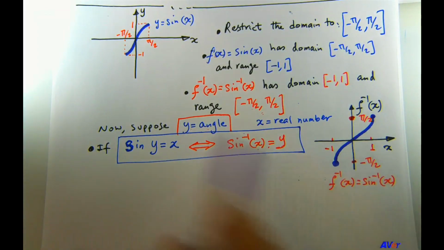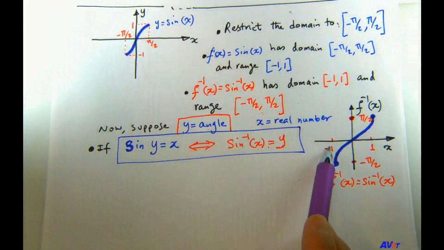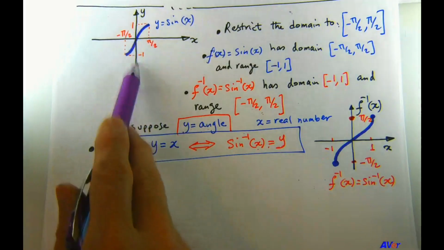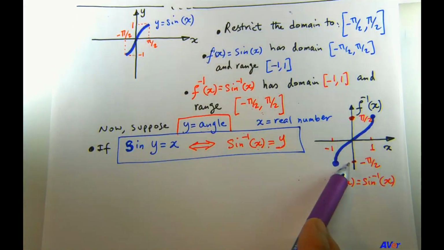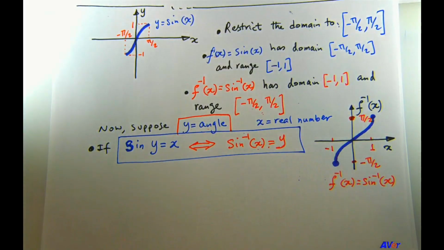Notice the role: the domain here was minus pi over 2 to pi over 2, and the range was negative 1 to 1. Here the domain is negative 1 to 1 and the range is negative pi over 2 to pi over 2. So the roles of the domain and range are swapped. This is true for any set of inverse functions. We learned this in Math 126.